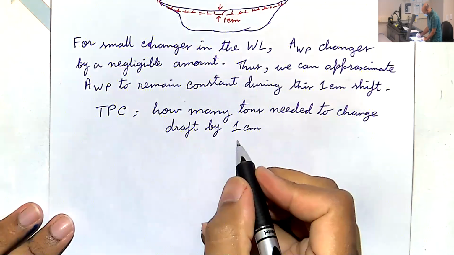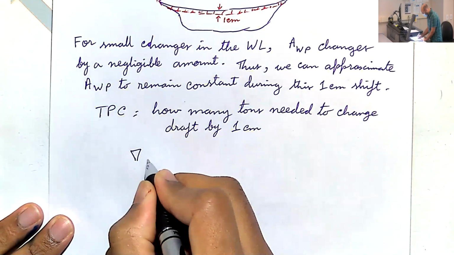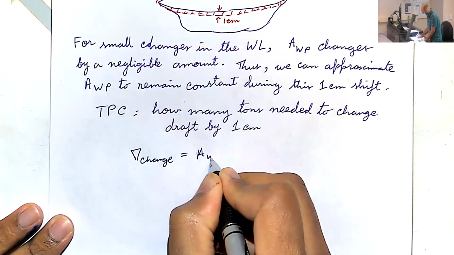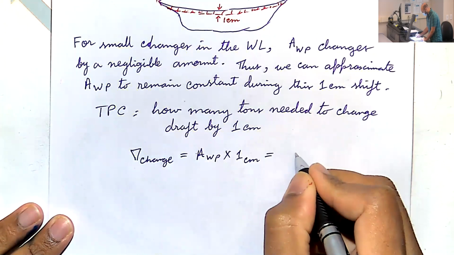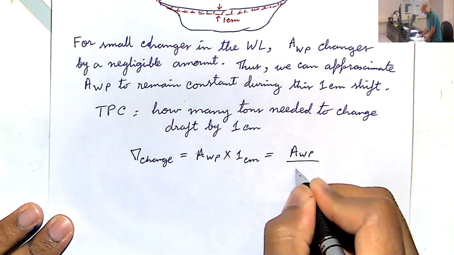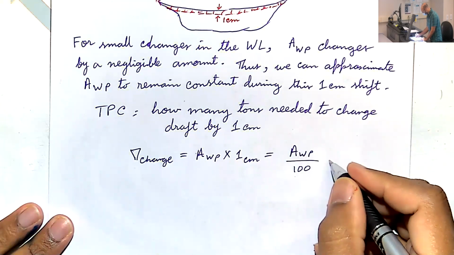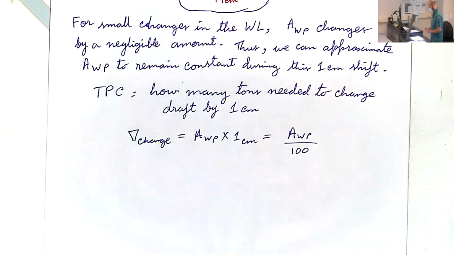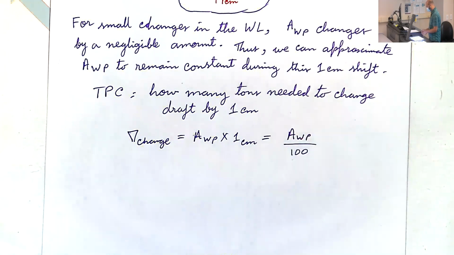All right, so we know we can basically compute the volume change is area A_WP times 1 centimeter. One centimeter is 0.01 meter, so that's why I wrote this.